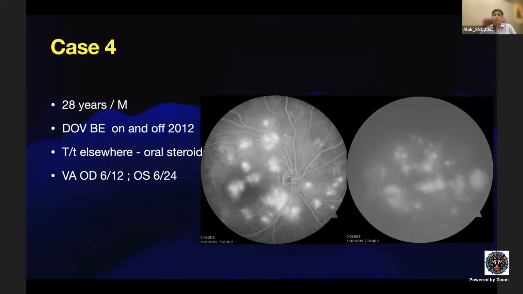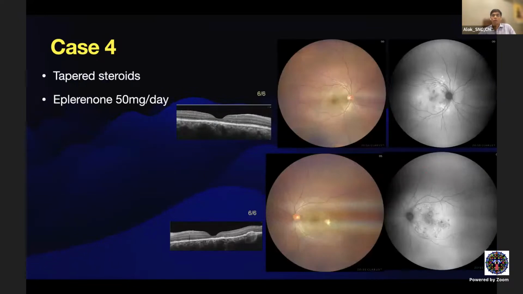What is very evident is that the disc was absolutely quiet. So in both there was no leakage from the disc, and so this was again a case of central serous chorioretinopathy, which was mistaken as uveitis, posterior uveitis, and was treated with steroid.